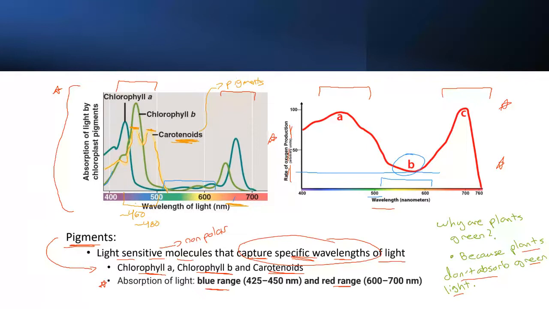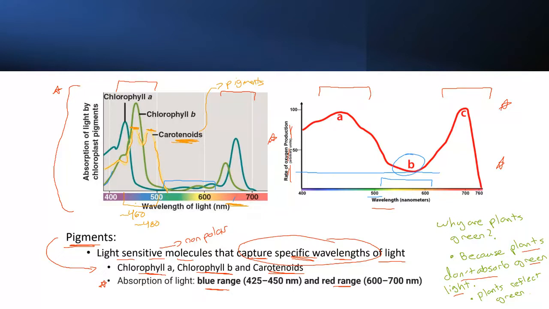Therefore, if it cannot absorb it, plants reflect the green light. Okay? Simple as that.